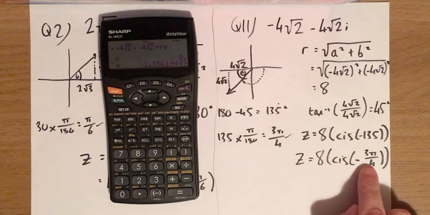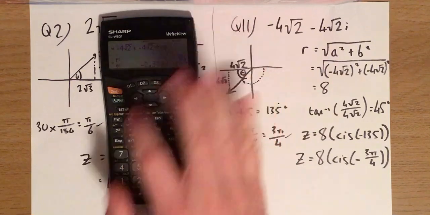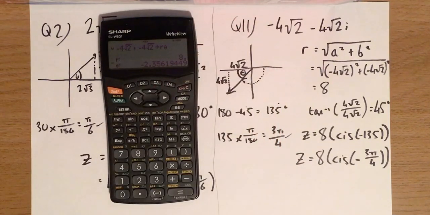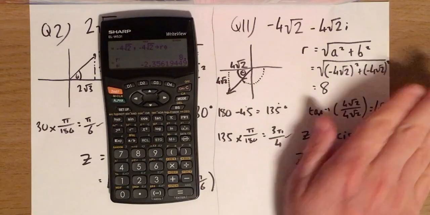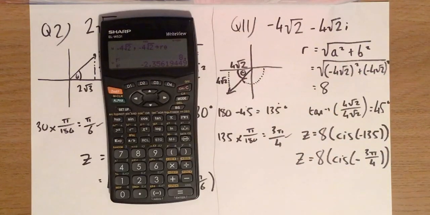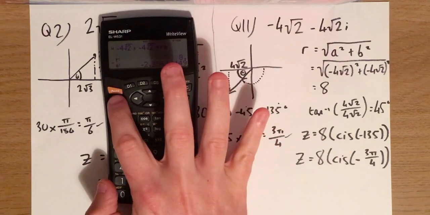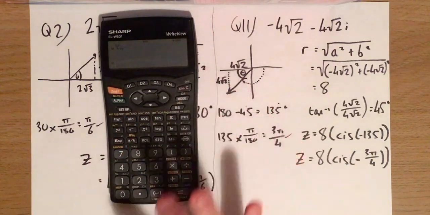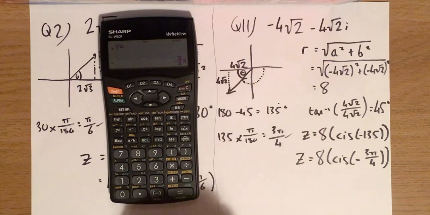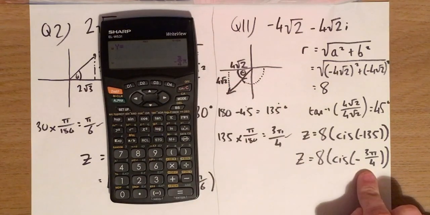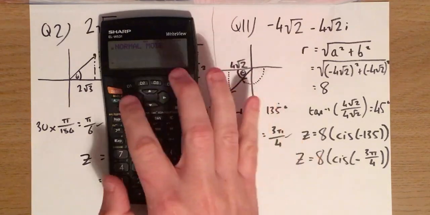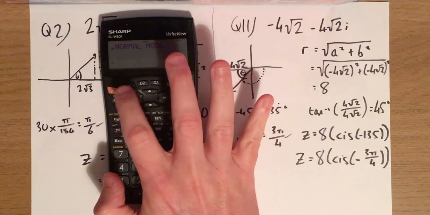I want my angle to be minus 3 pi over 4. I get minus 2.35. Look, you want a pi in your radians. You don't want something like minus 2.35. Even if we didn't have this, we'd know that's not what we want. So again, it would just be alpha STO equals, and there's minus 3/4 pi, or minus 3 pi over 4.